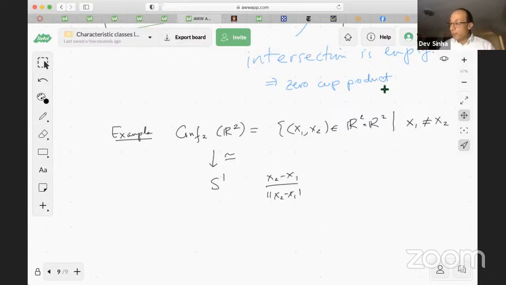But again, let's play the Thom cochain game and realize that if I've got my x1 and x2, I'm going to have homology and cohomology classes. My homology was, red?